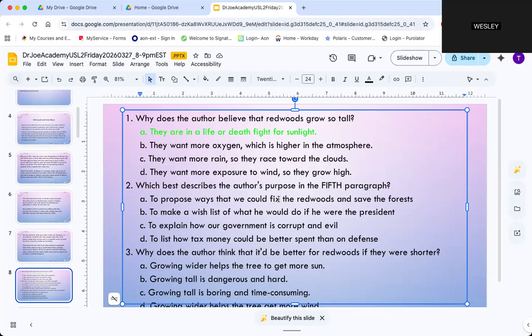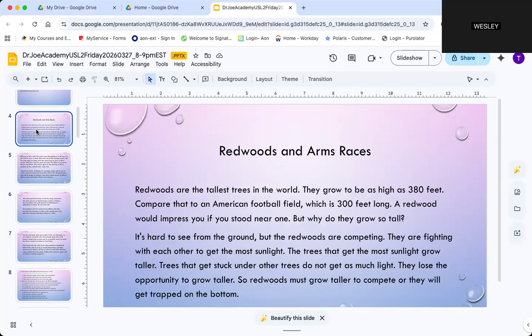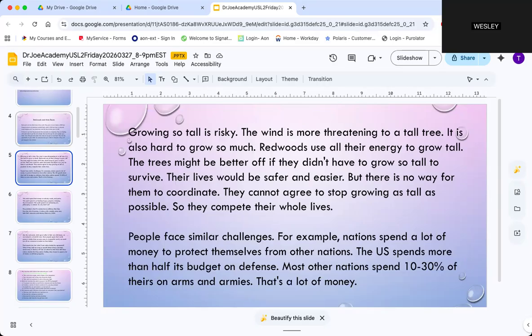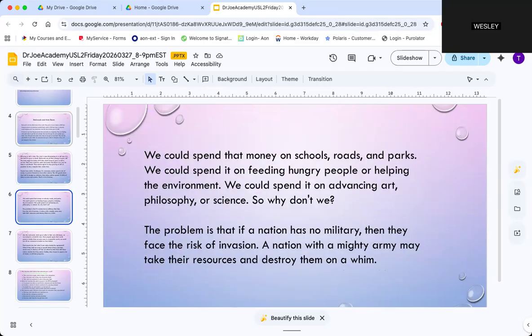What do you think it is? Do you want to go back to the fifth paragraph? Sure, we can go back. But you're going to have to tell me which one is the fifth paragraph. Is it on this page? No. The next one. Yeah, this one.